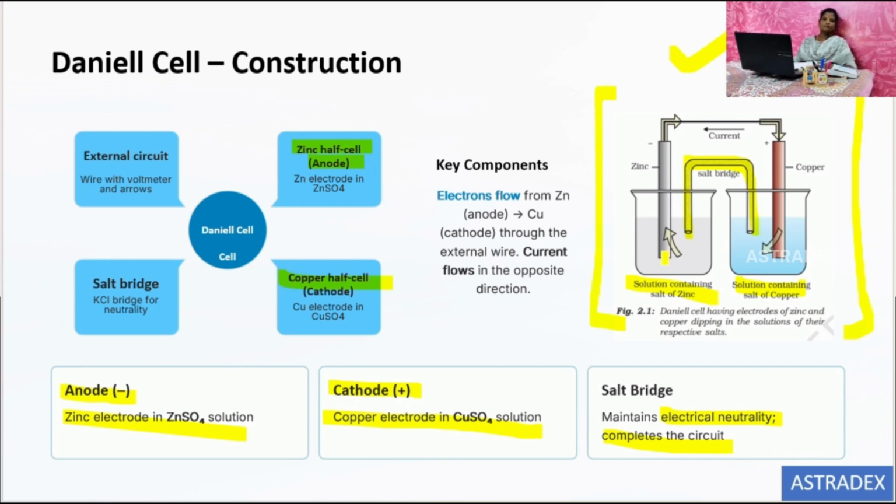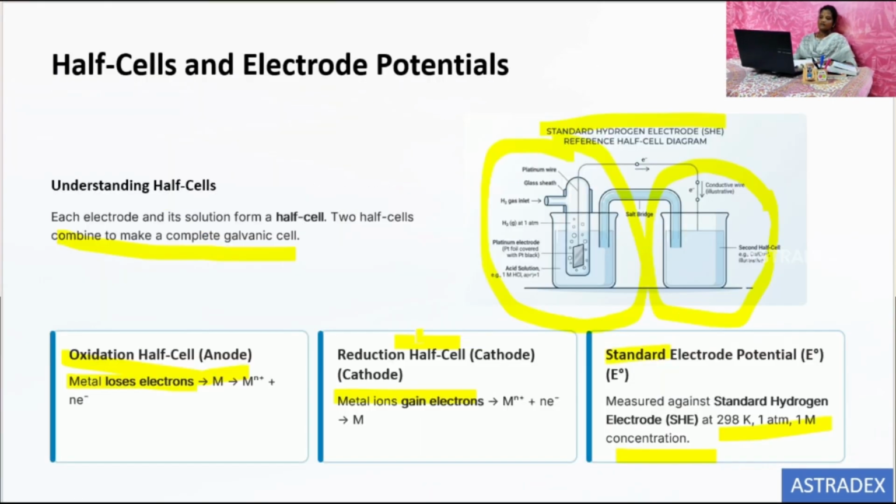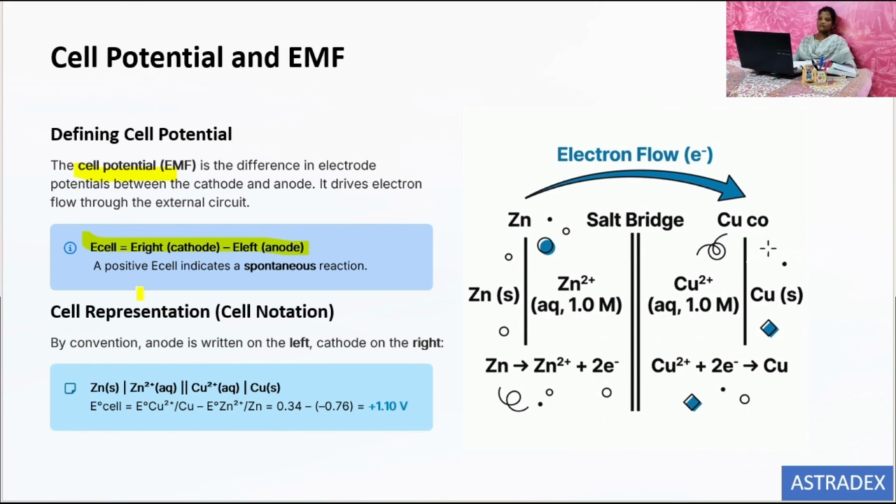So the left side is the anode and the right side is the cathode. Left side means oxidation, right side means reduction. So that representation gives us E cell, that means E right. Who is on the right? Cathode. And what about the E left?